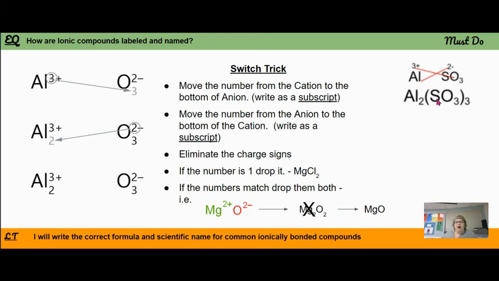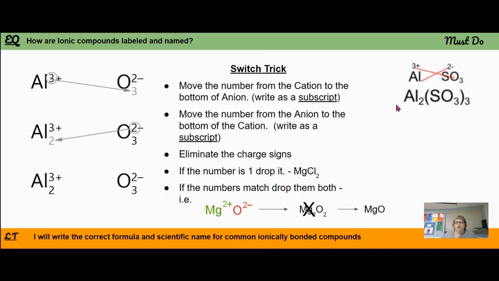If I'm using a polyatomic ion, I put parentheses around the polyatomic ion. So I'm going to do aluminum, which is a +3. And then here is sulfate, and sulfate is a -2. If I switch trick these, I end up with aluminum 2.